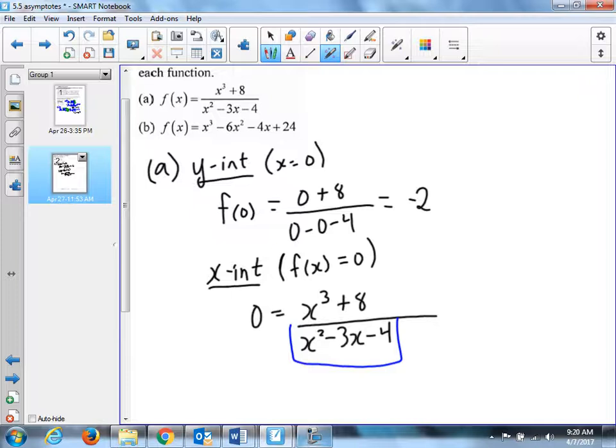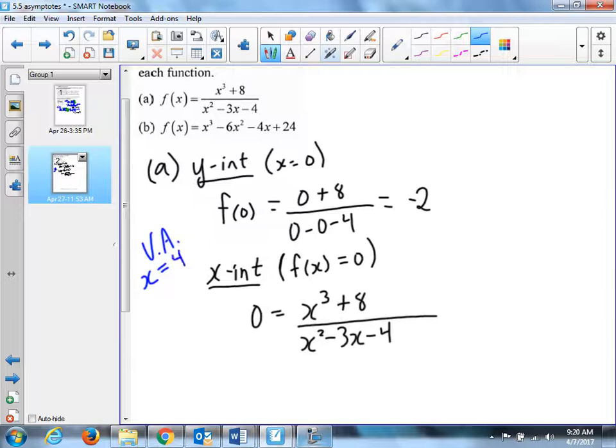So positive 4 is a vertical asymptote. Not that we are asked for this, but the vertical asymptote is x equals 4, and then the other factor, to add up to -3, is x plus 1, so x equals -1. I'm just throwing that in as an aside.